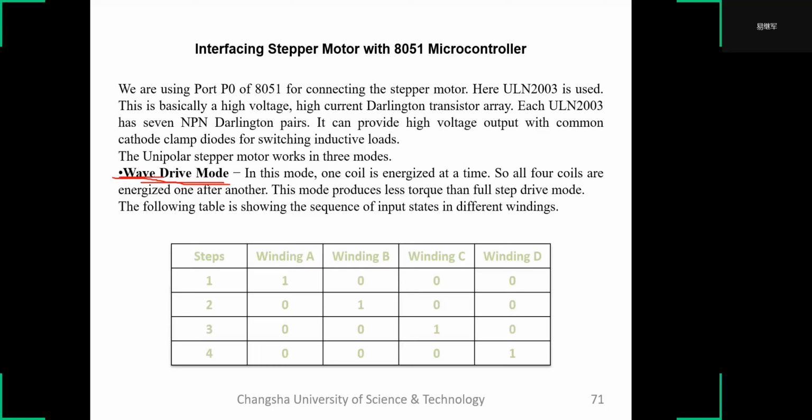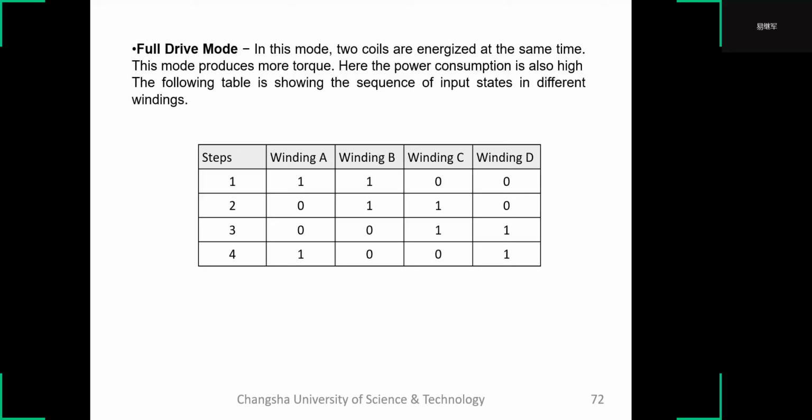This is the wave drive mode. Every time, you give the signal to one coil. It's a full drive mode. Every time, two coils are energized.